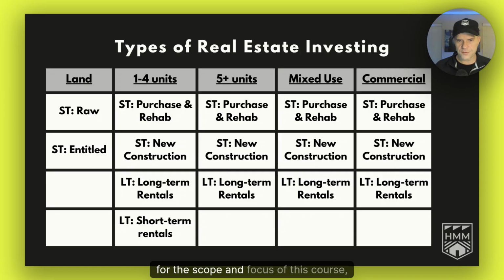Therefore, for the scope and focus of this course, we are not going to cover these 5+ unit apartment buildings, mixed use, or commercial properties. We will be much more focused on the 1 to 4 unit short-term purchase and rehab phase, followed by the long-term rental phase. This remains the easiest, fastest, and most accessible pathway to real estate ownership.